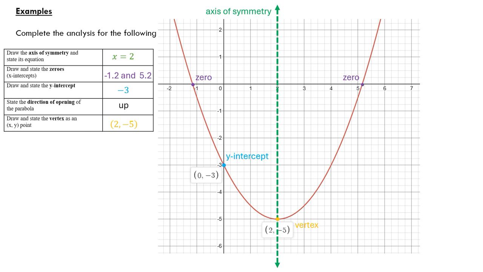So we'll say that the x-intercepts are negative 1.2 and 5.2. The y-intercept, the point at which the graph crosses the y-axis, is negative 3. The graph slopes upward, and the vertex right here has a coordinate point of 2, negative 5.